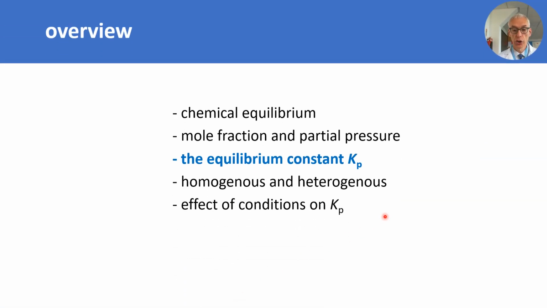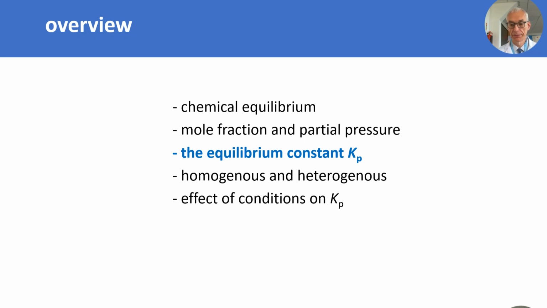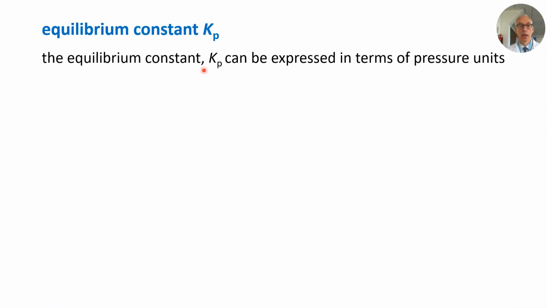So we'll move on to look at the equilibrium constant in terms of partial pressures, that is Kp. The equilibrium constant can be expressed in terms of pressure units, in which case it is denoted Kp.